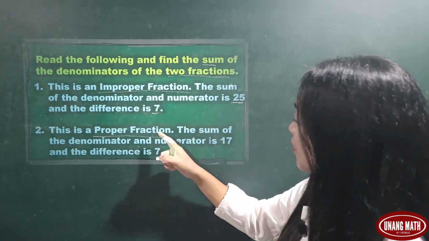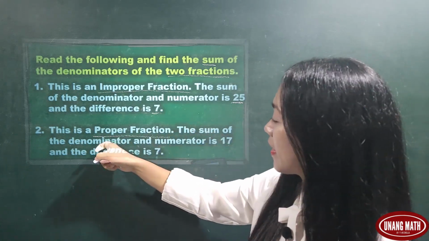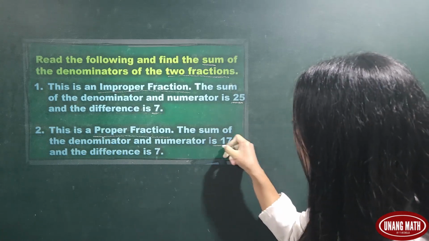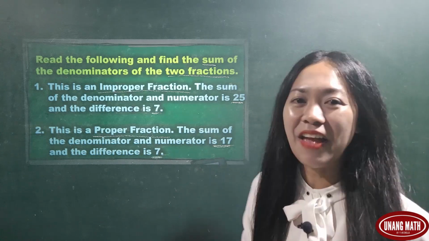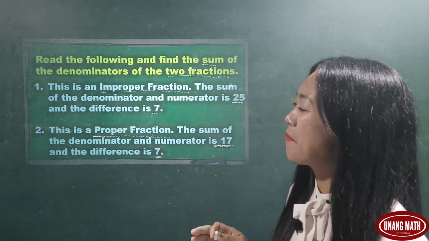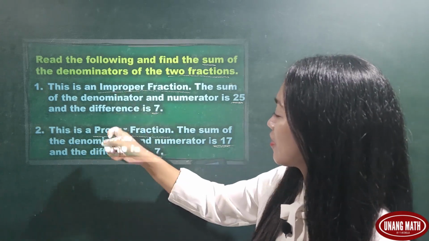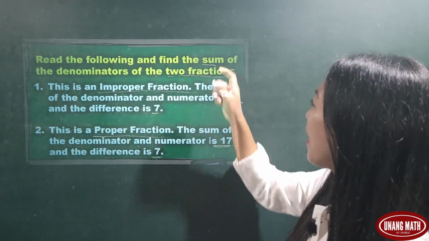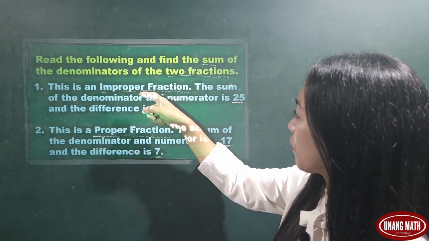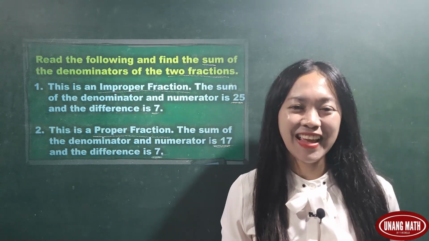At ang proper fraction na ito, ang sum of the denominator and numerator is 17, at ang difference ay 7. So, kailangan nating malaman kung ano ang improper fraction at proper fraction na ito para malaman natin kung ano ang sum of the denominators ng dalawang fractions na ito.